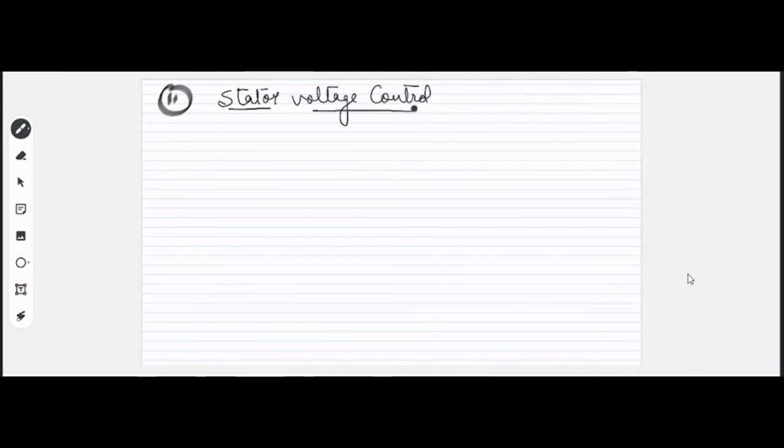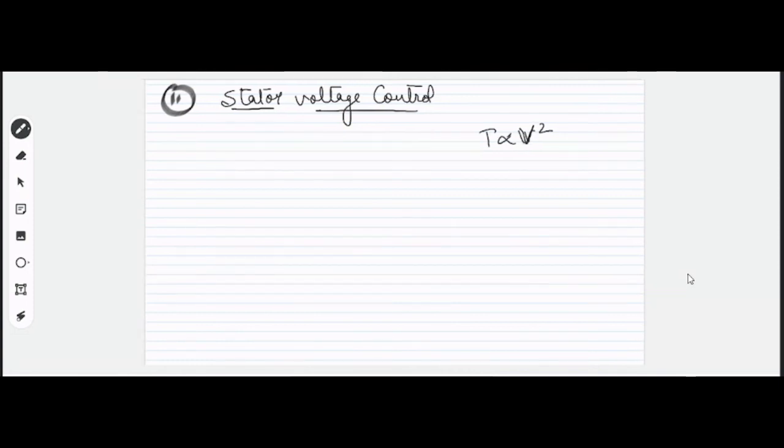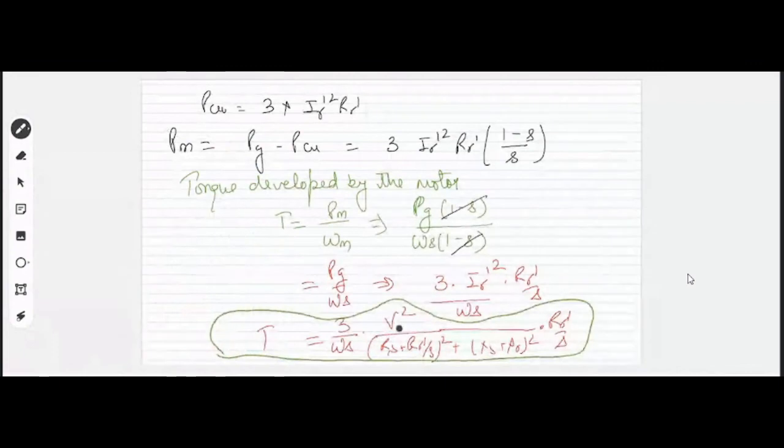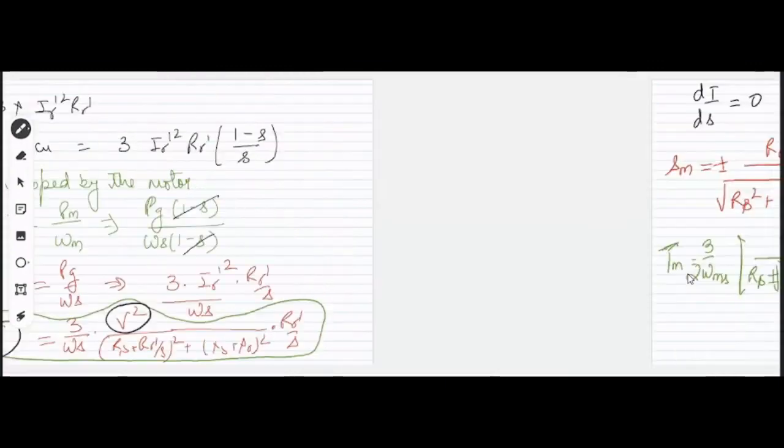Now what is mentioned in the book is that torque is proportional to the voltage square. We already derived this expression. Torque is proportional to voltage square.